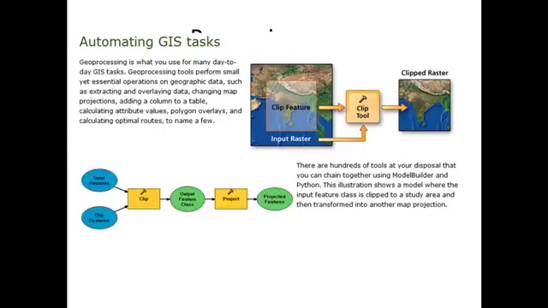So by building things like models or using Python scripting, you can make your processing tasks a lot easier. So I know I showed you how to do that. Did you guys play around with that at all on your own, building your own models? No? Okay. Well, we'll play around with it a little bit more, not in this week's lab, but it's definitely something worth being familiar with if you're going to work in GIS more.